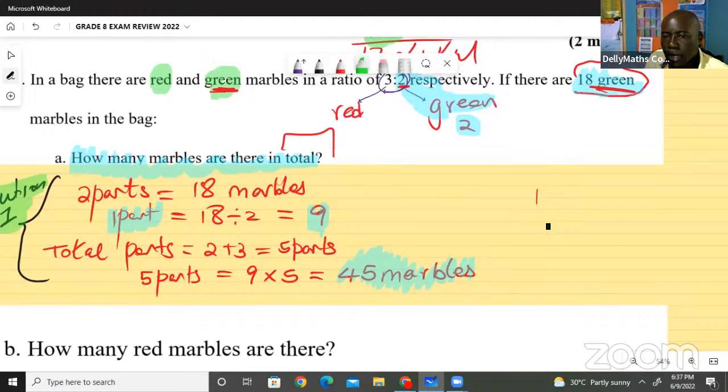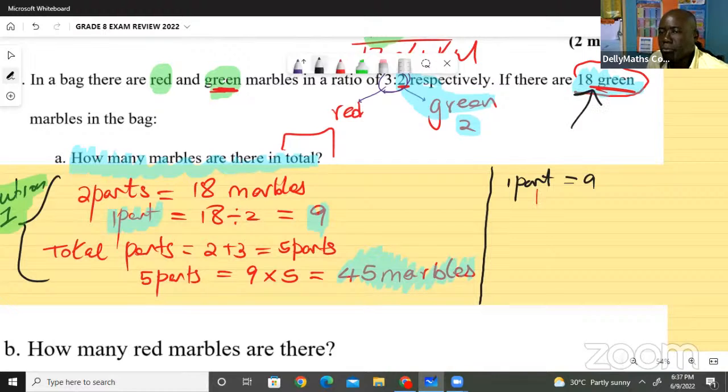Another way that we could have done that same question was this. When I worked out and found that 1 part equals 9, all I need to do now is find the red part, because I know the green amount already.